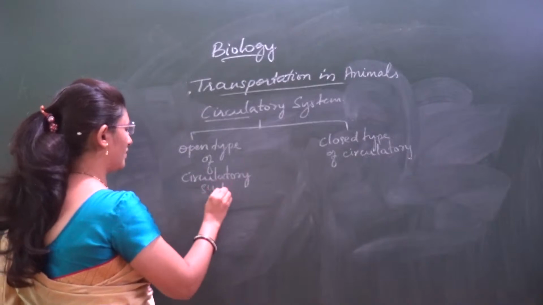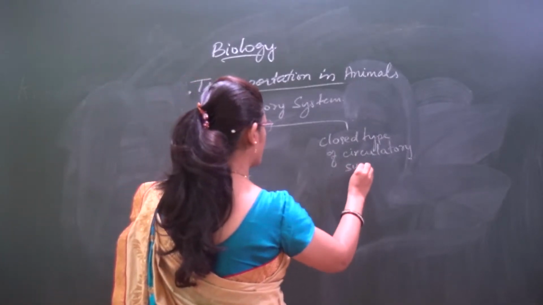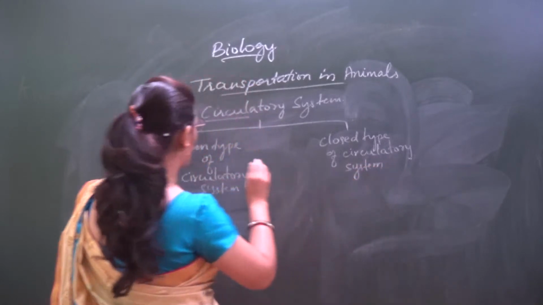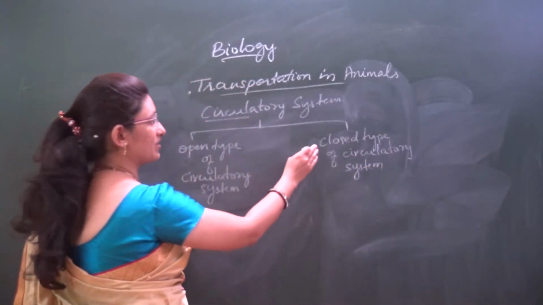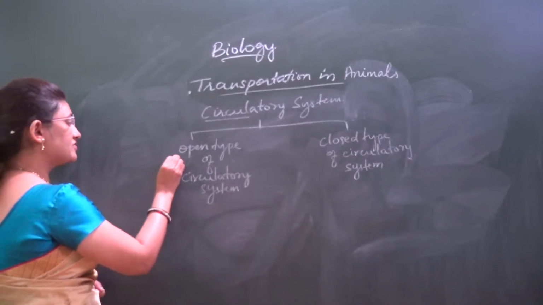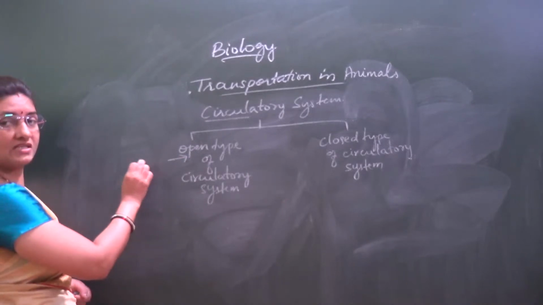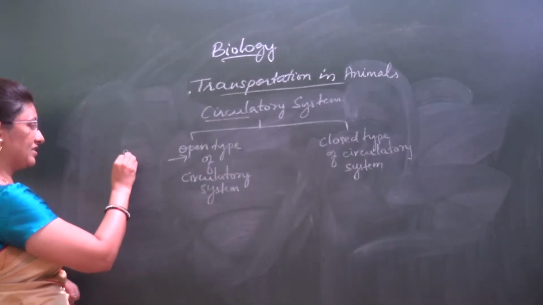Right? Circulatory systems in different organisms are carried out by different systems that we call the open type of circulatory system and the closed type of circulatory system. In the open type of circulatory system, the organism has body cavities.